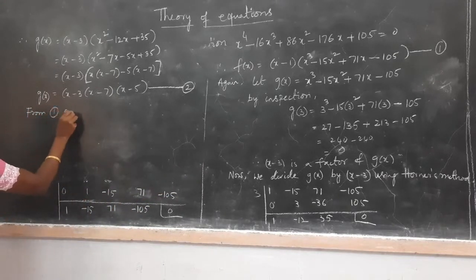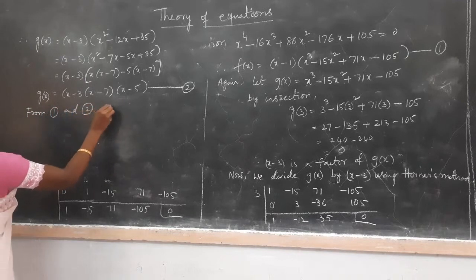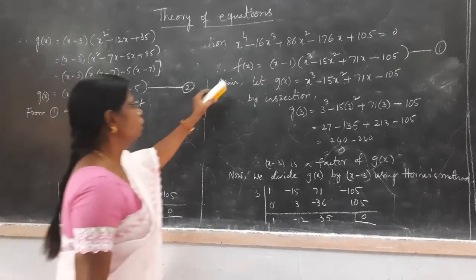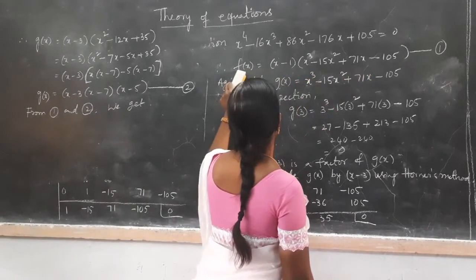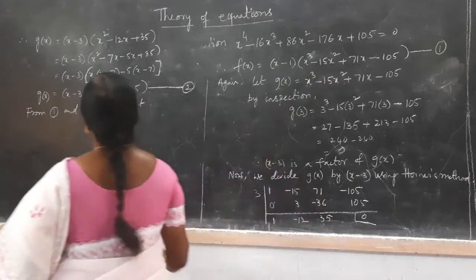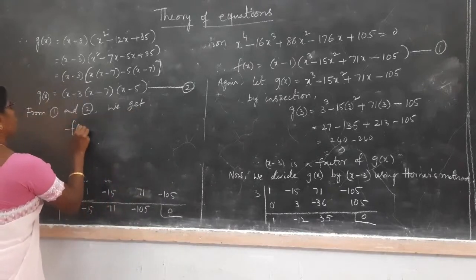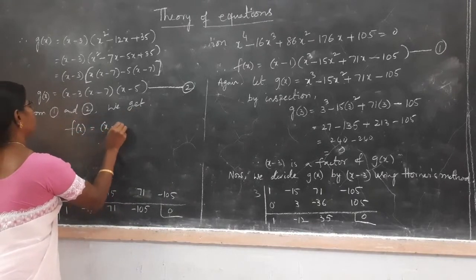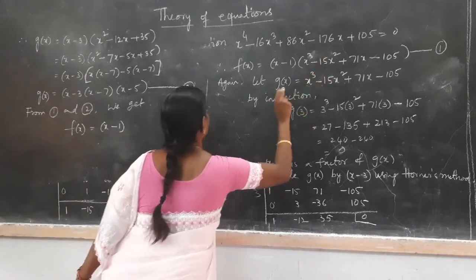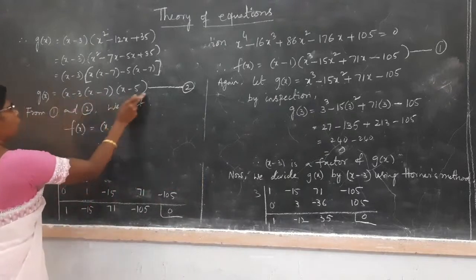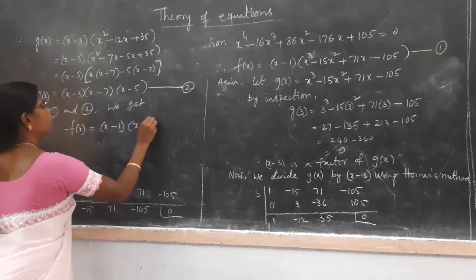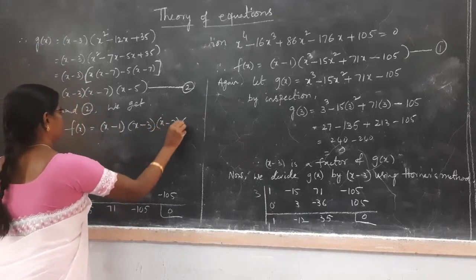From 1 and 2 we get: f(x) is equal to x minus 1 into g(x), where we assumed this as g(x). So what is our g(x)? g(x) is equal to x minus 3, x minus 7, x minus 5.